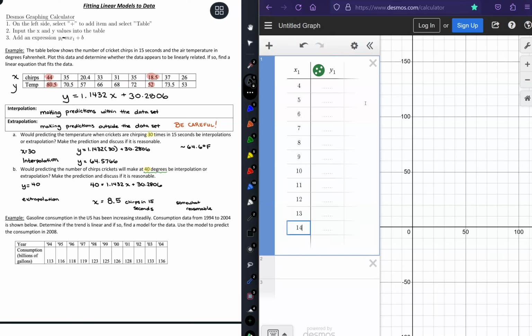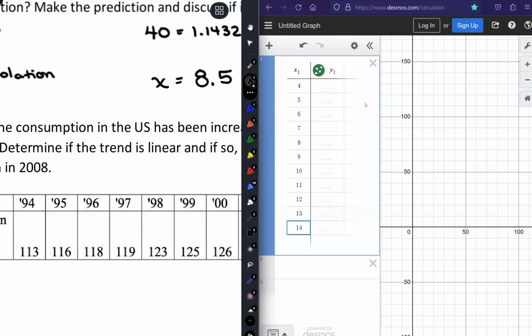Okay, because I couldn't put in just 0 there, so you can change the units however you need to. You just have to be consistent. So maybe I'll even make a note to myself that x I changed to number of years after 1990. So I changed that to a 4, 5, 6, 7, and so on.